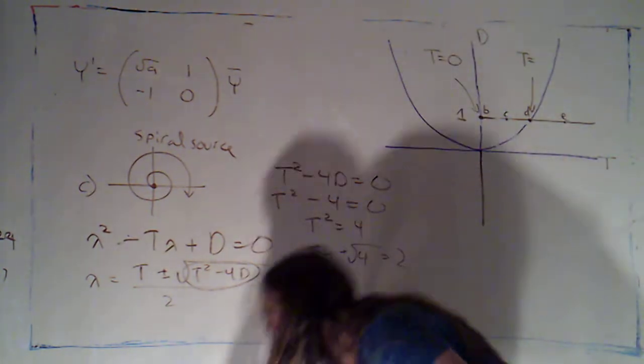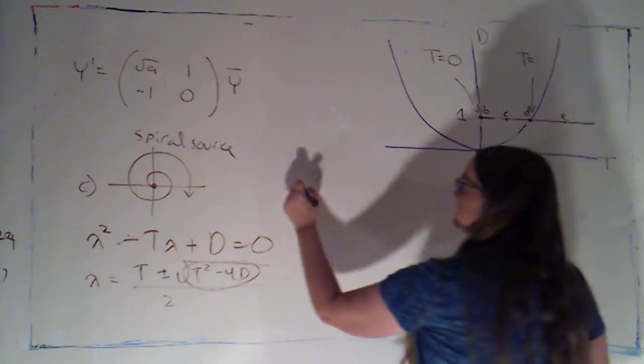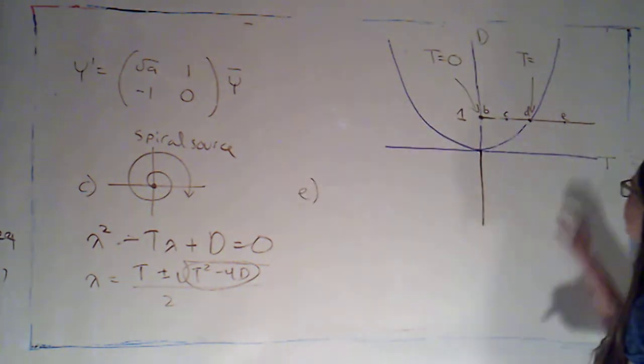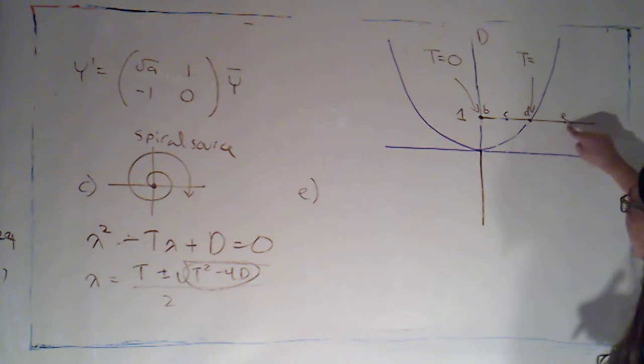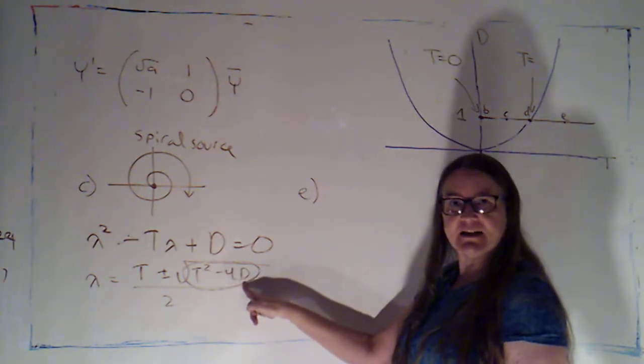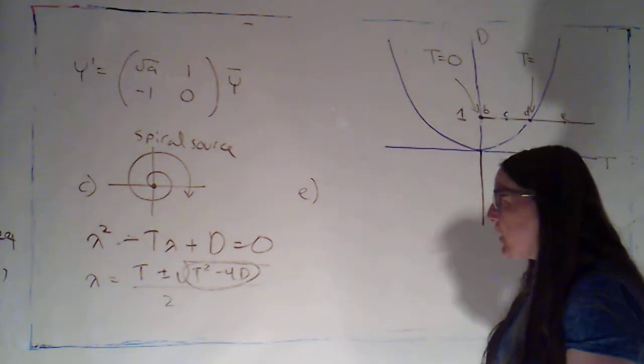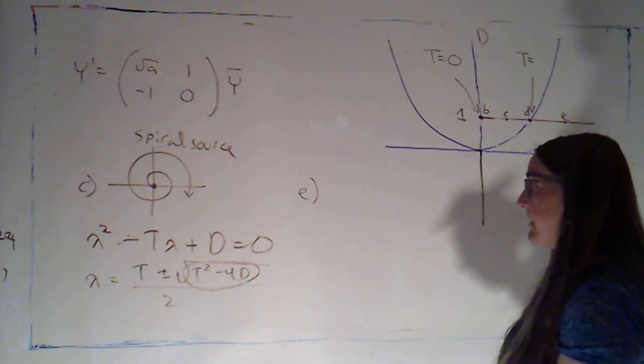Okay, now if I take a look at part E. Now here we've passed 2, so t is bigger than 2, so t squared minus 4d is going to be positive. That means I'm going to have 2 positive real eigenvalues.